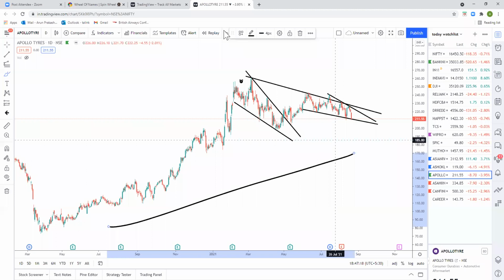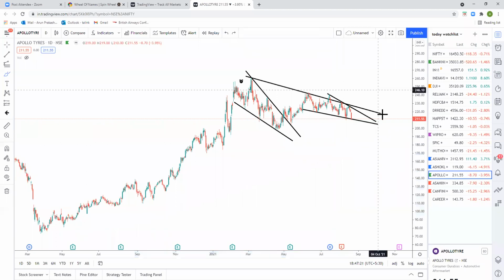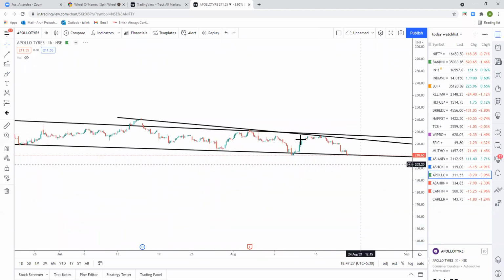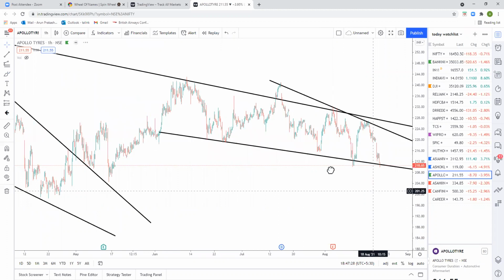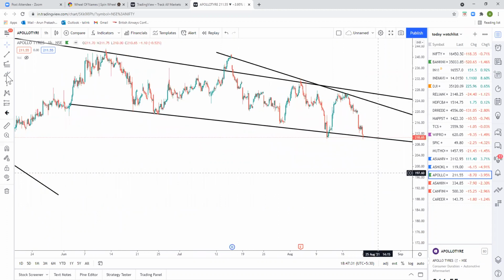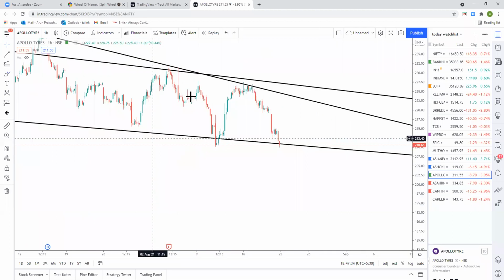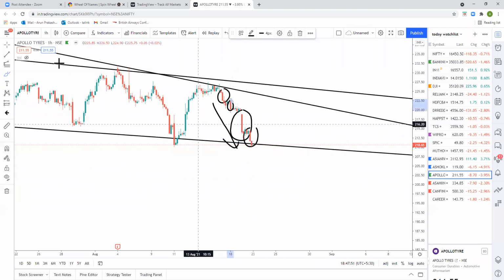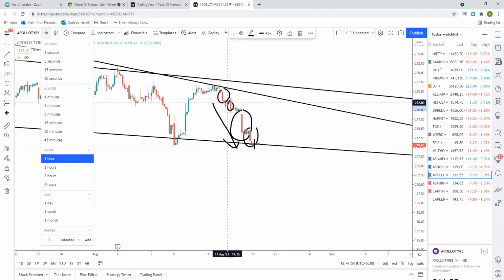Now within that, I'm going to the 1 hour time frame, and the only thing that is not convincing me is these huge bearish candles coming into this support level. So if I have to avoid Apollo Tyres, the only reason would be this bearishness.